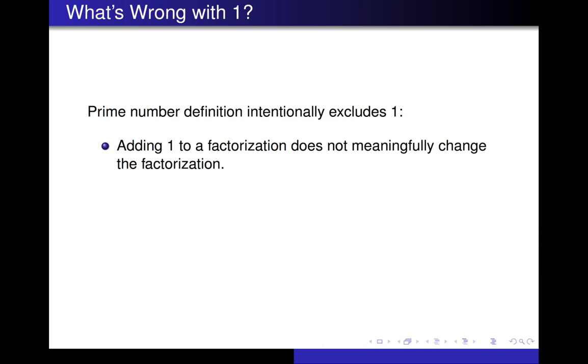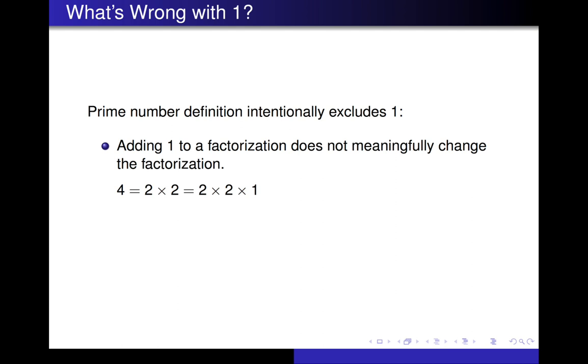First of all, we can add 1 to any factorization, and it doesn't really change it in any meaningful way. For instance, if we take the number 4 and we break that down into 2 times 2, that is a meaningfully different factorization. But if we want to be smart alecks about the whole thing, we could take that 2 times 2 and just add a factor of 1 in there, 2 times 2 times 1.